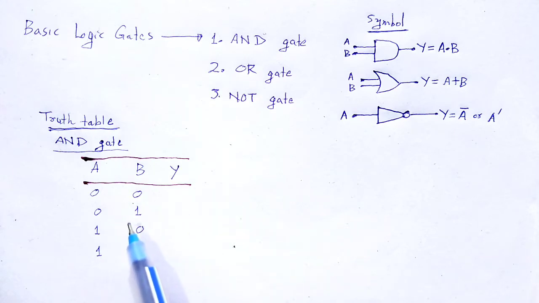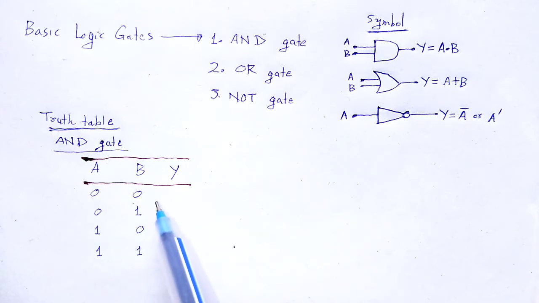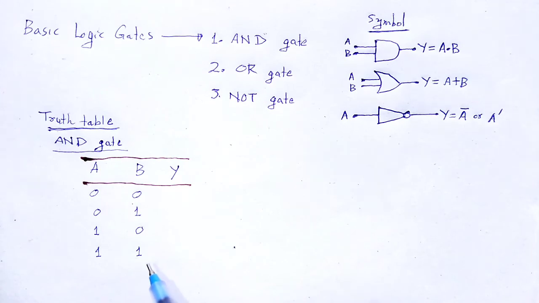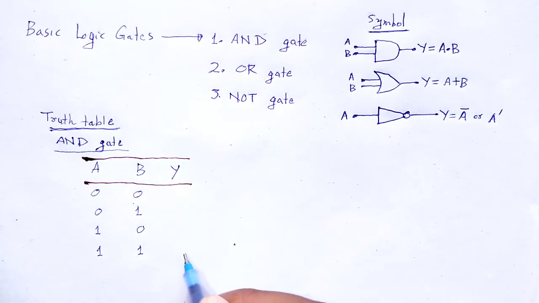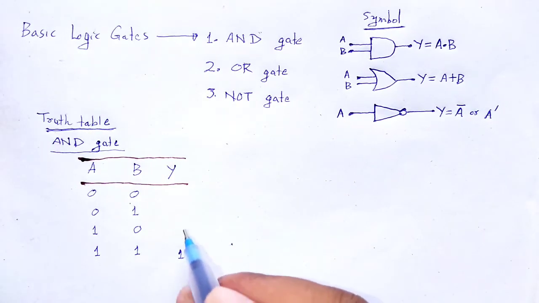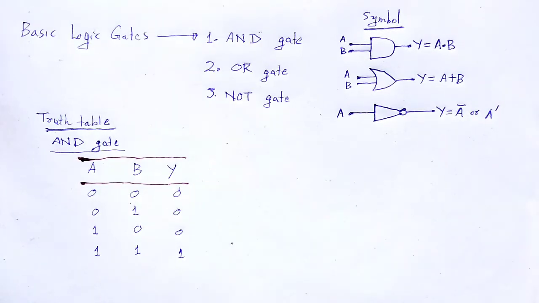In the AND gate, when both inputs are 1, meaning high or on, then the output is 1, otherwise it will be 0, 0, 0.